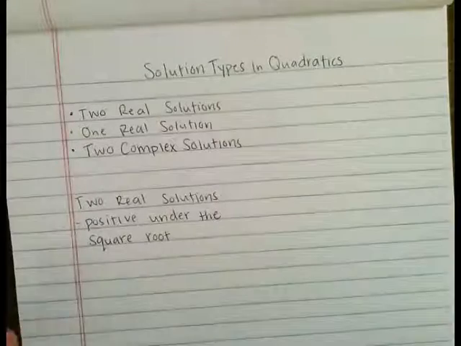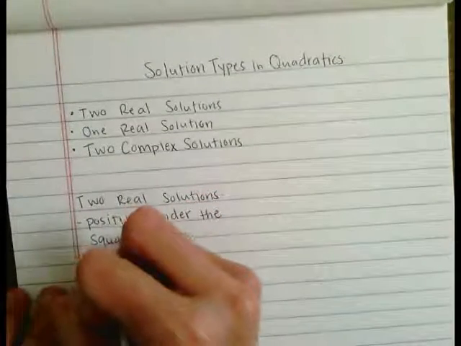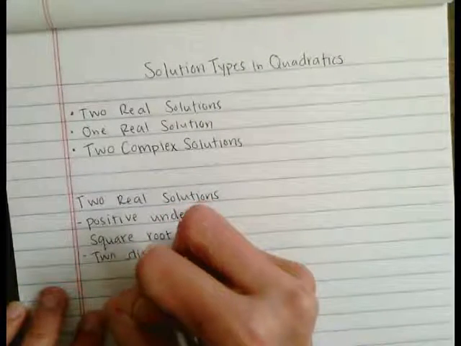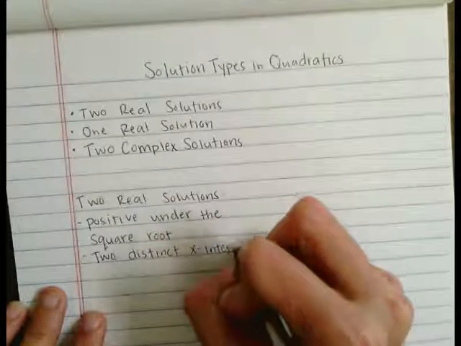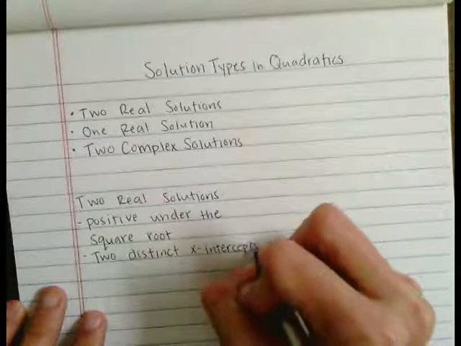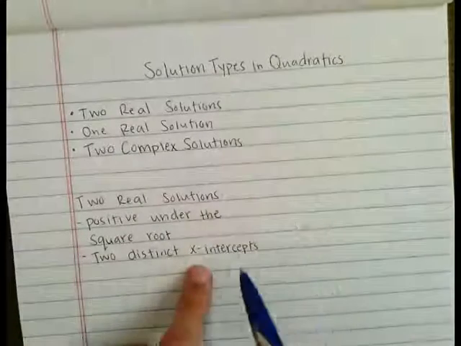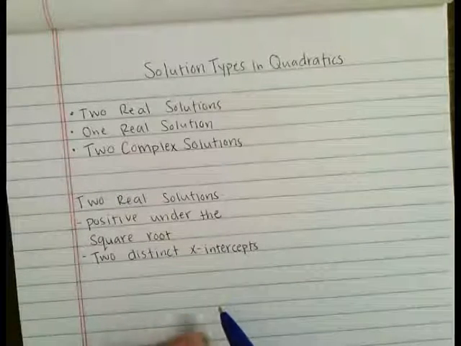That also means that it has two distinct x-intercepts, and we know that the other terms that you can think of for solutions are x-intercepts, the zeros, the solutions.